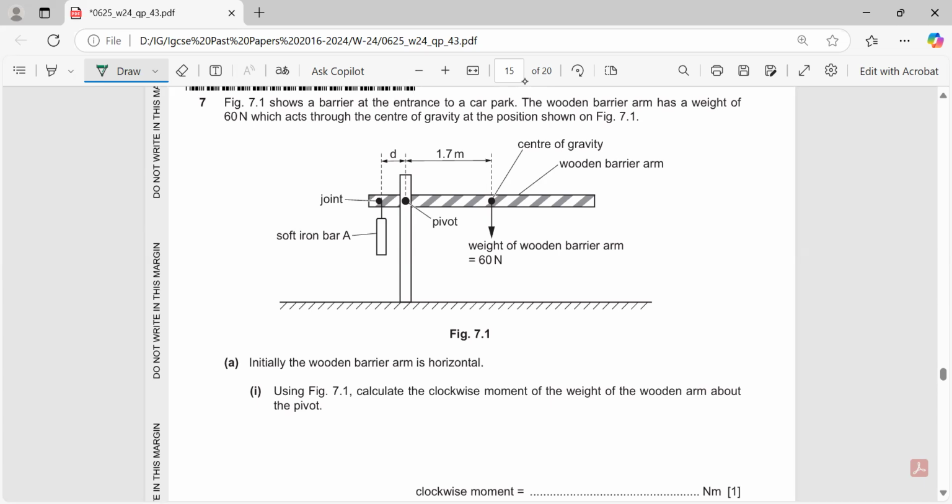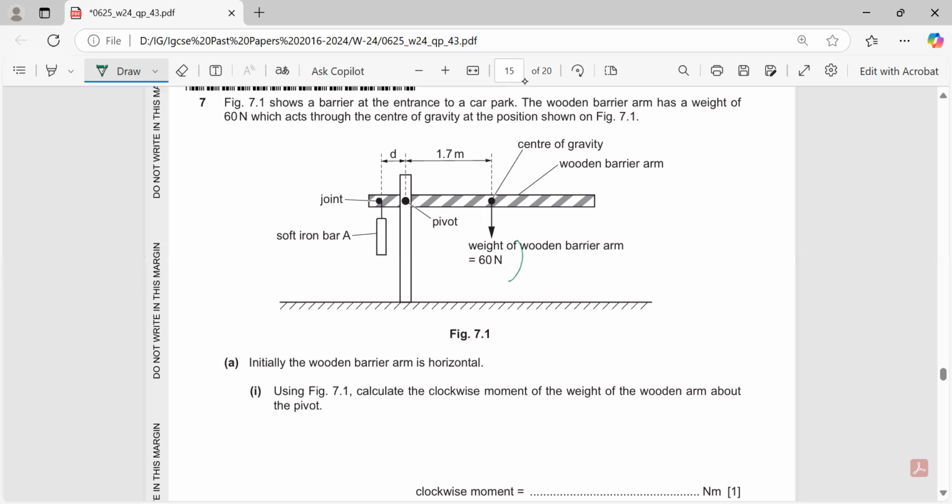Then initially the wooden barrier arm is horizontal, it means it is in equilibrium. Use figure 7.1 to calculate the clockwise moment of the wooden bar about the pivot. Clockwise moment.